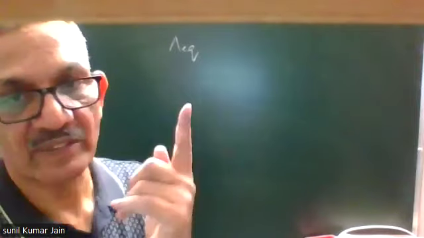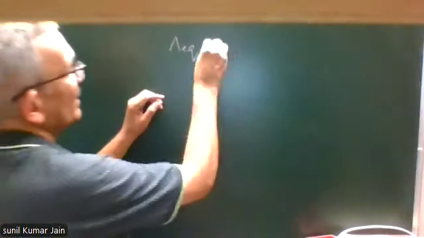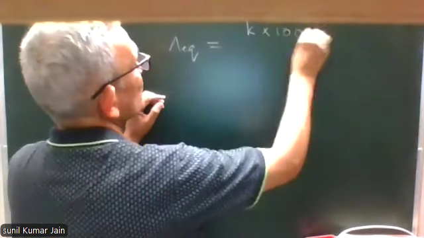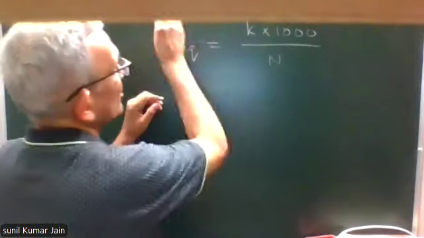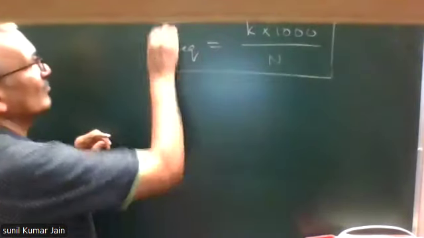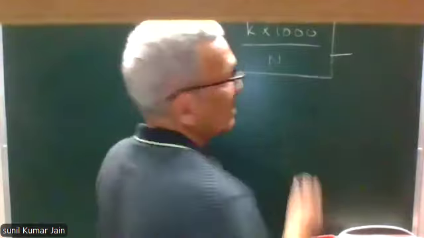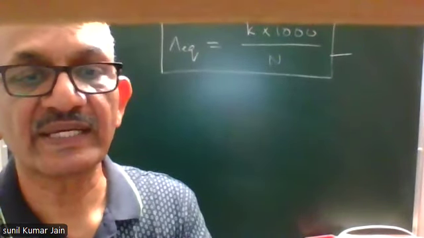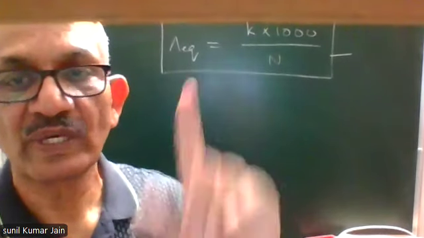Mathematically, now write down the formula. Lambda EQ is equal to kappa into 1000 divided by normality. I forgot to label these equations. I think earlier we had done equation number 1 and 2.